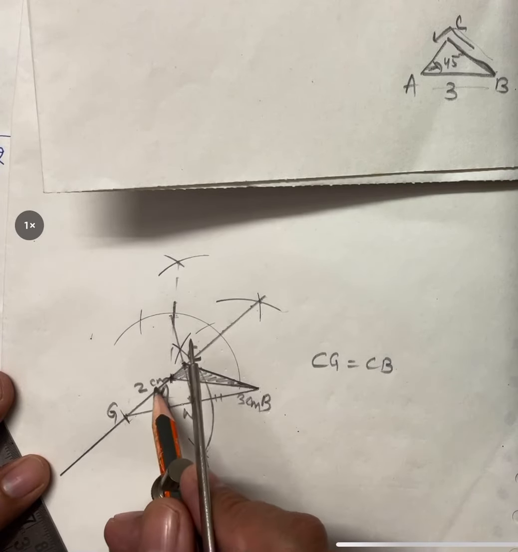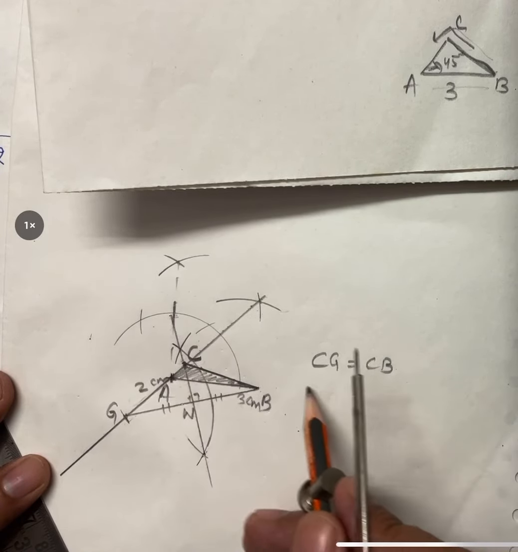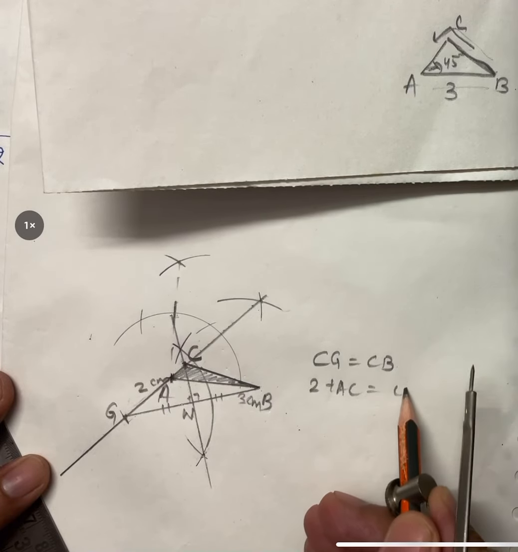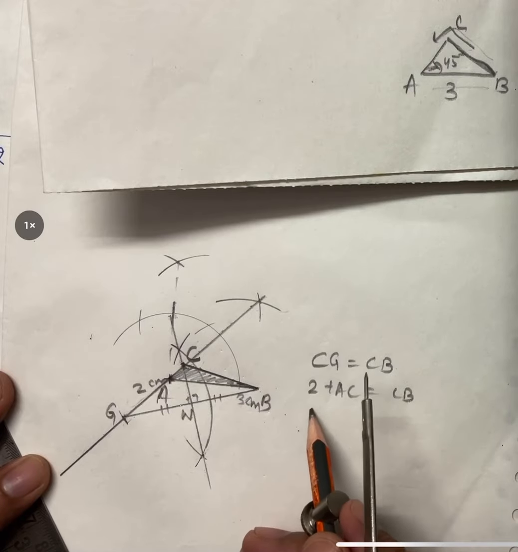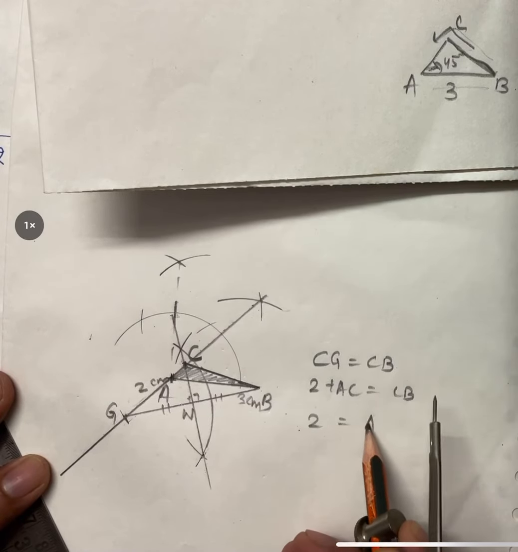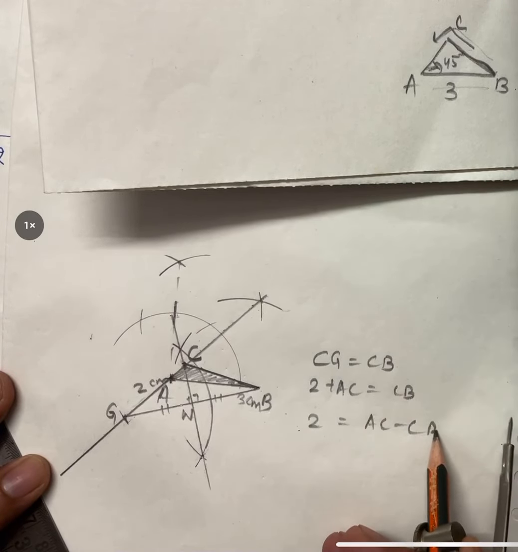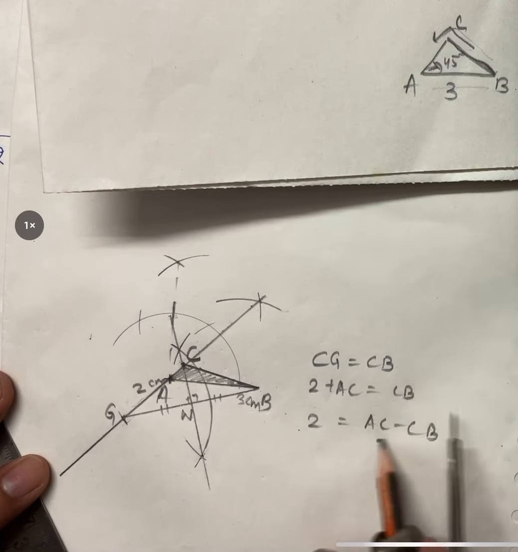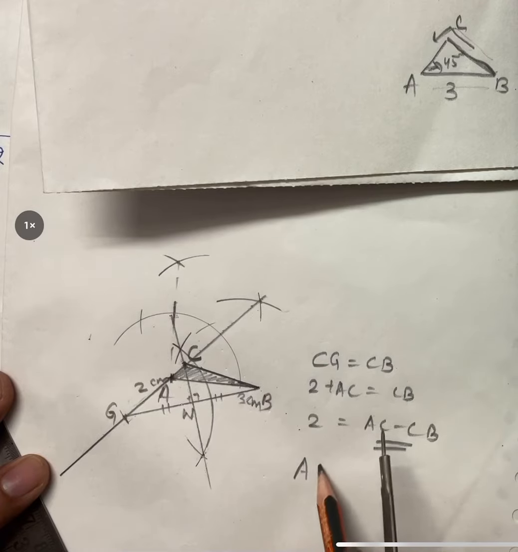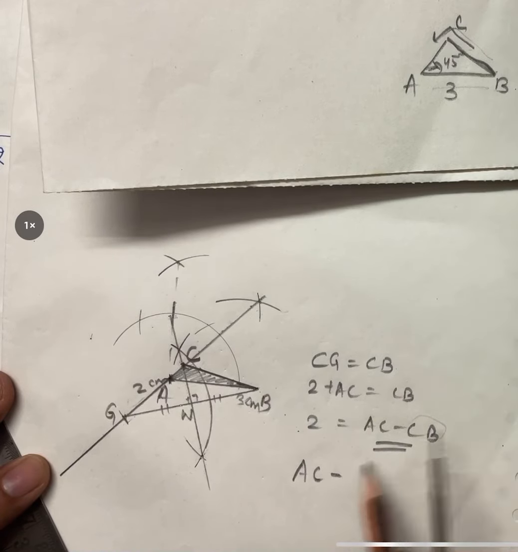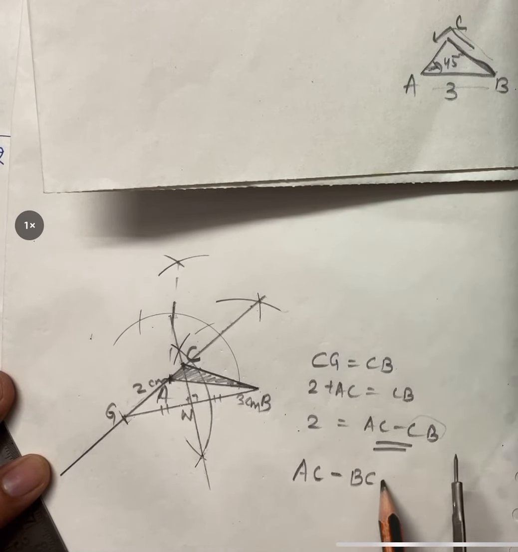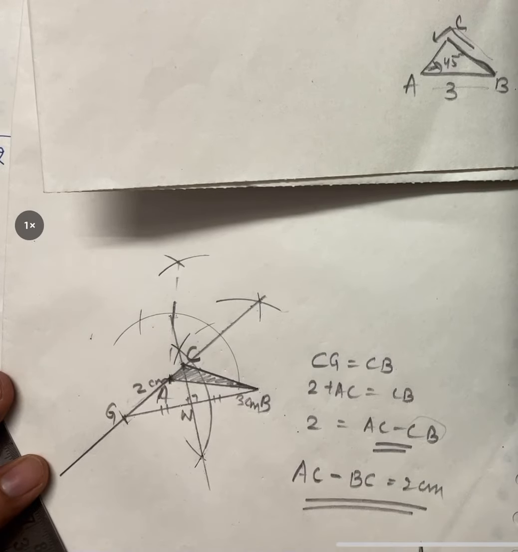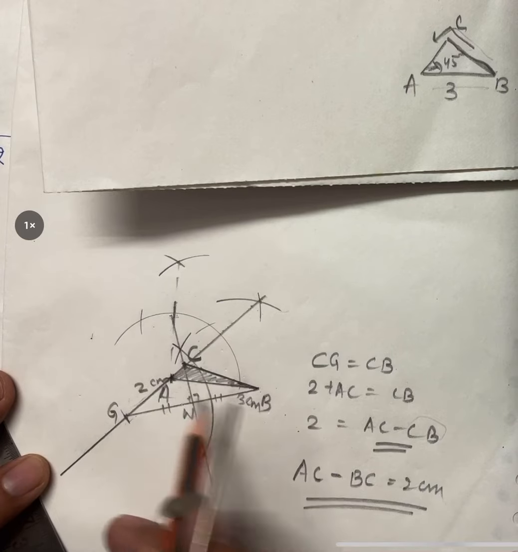CG can be written as 2 plus AC, 2 centimeter plus AC. That's your CB. And ultimately, 2 can be written as AC minus CB. You can write it in a more proper way by taking this on LHS. You got this?